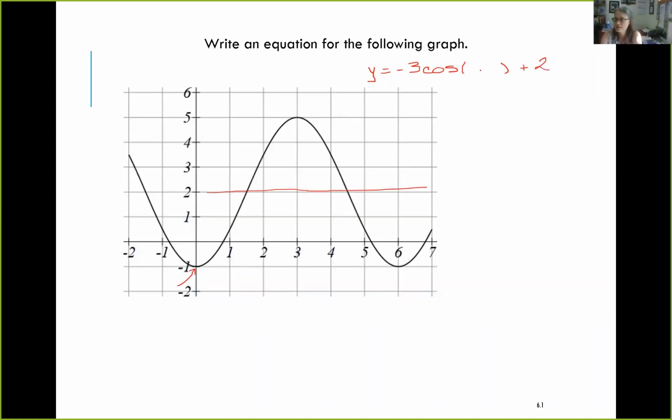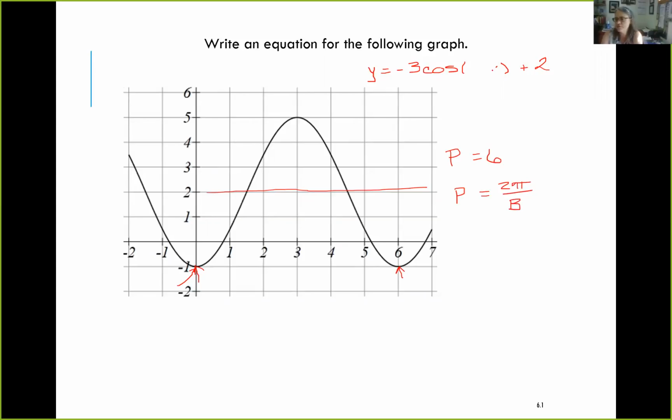And what goes in here? Well, what goes in here comes from my period. I've got a trough and a trough. This tells me that my period is 6. Remember that my period is always equal to 2 pi divided by b.